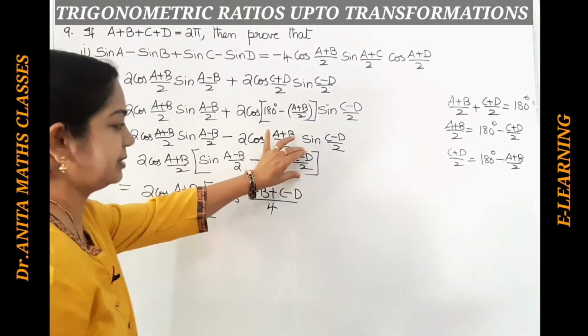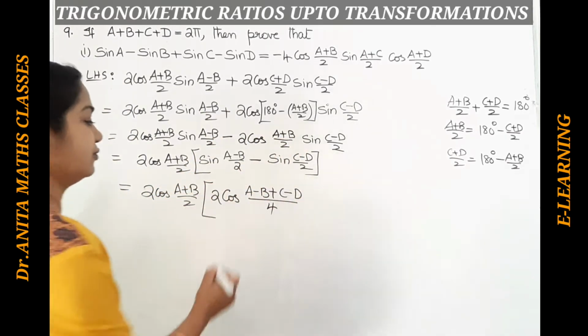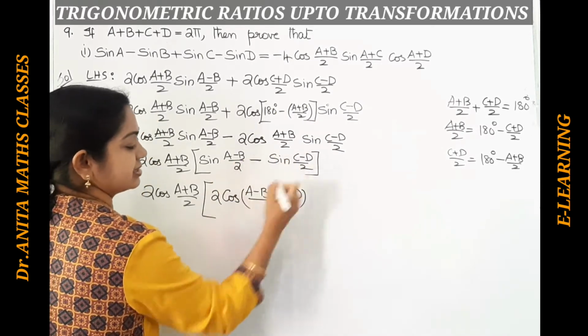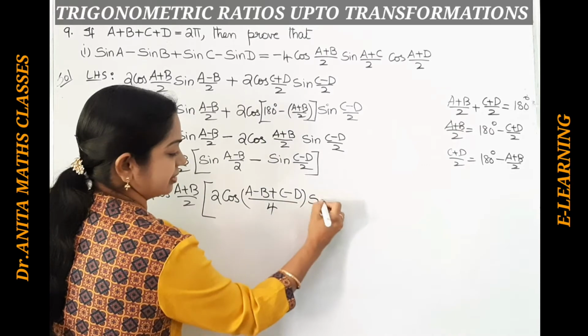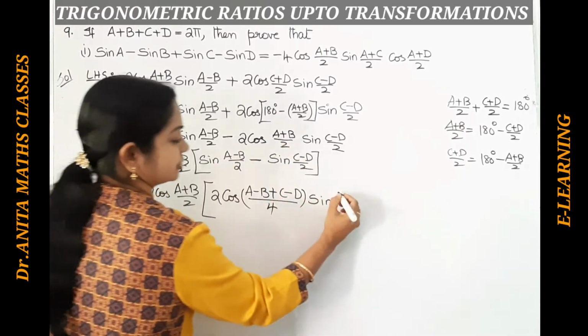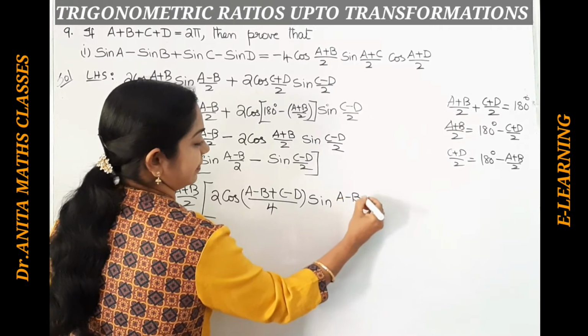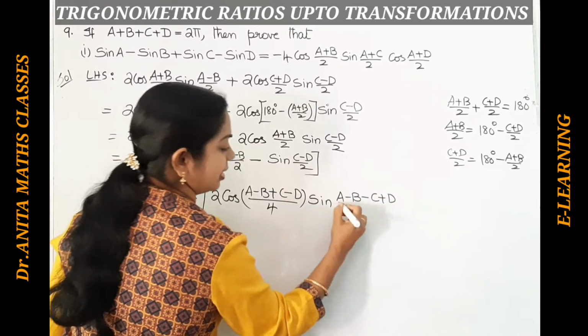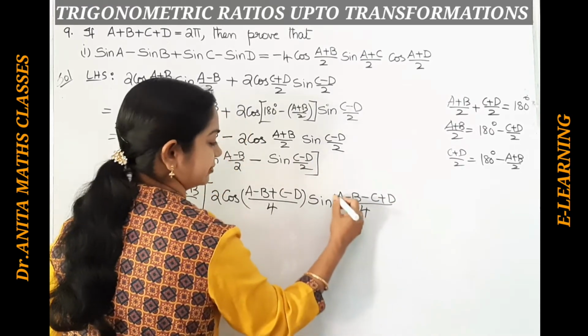So this becomes 4 cos of... Why are we taking cos here? Because sine and sine with a plus is there. We'll take cos first and then sine. Now here sin of A minus B by 2. So this is A minus B minus C plus D. So minus of minus by 4. Right.